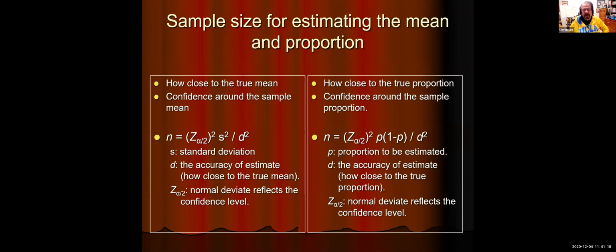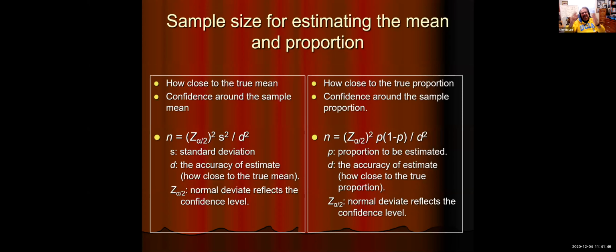And the other thing is you need to know what we call the accuracy of the estimate, which most people know as margin of error. Okay, so we need to pick a margin of error, and if you've ever read lately in newspapers leading up to the election, they always talked about margins of error for these election polls of 3%, 4%, 5%. So you just simply pick a number.